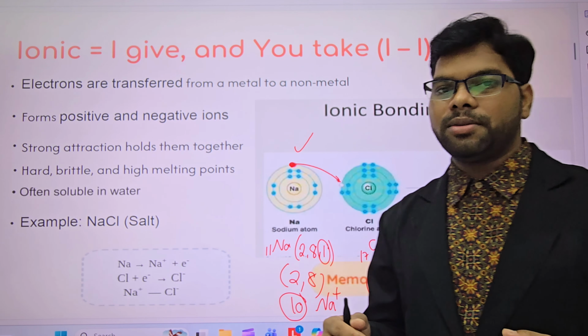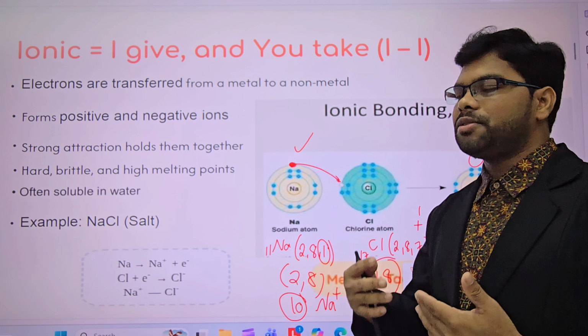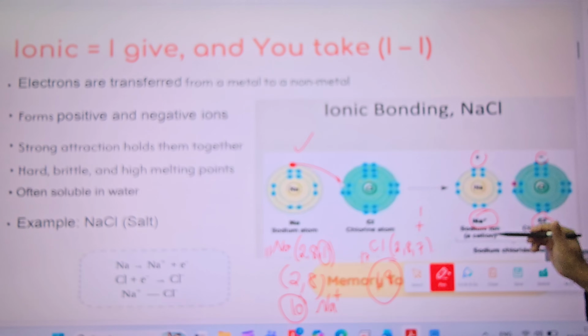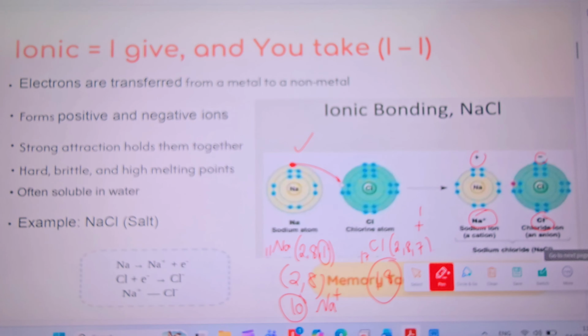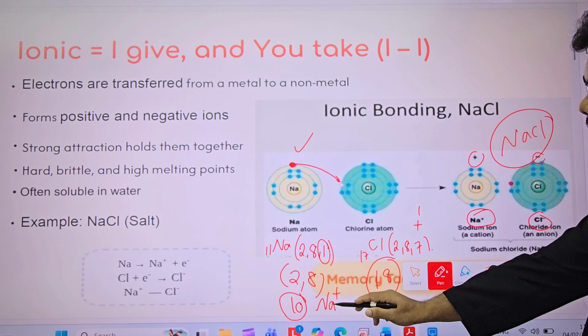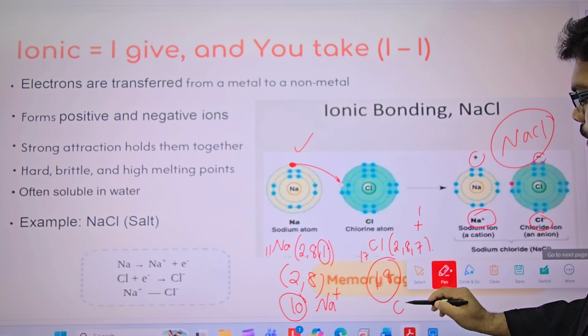You know the rules of charges, right? Opposite charges attract together. So you can see there are oppositely charged ions: sodium is positive and the chloride ion is negative. Positive and negative attract together and form sodium chloride. Okay, how? This is Na plus and this is chlorine minus.